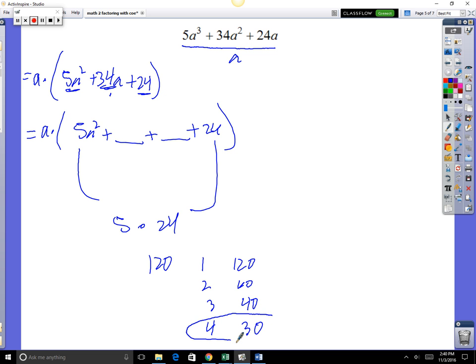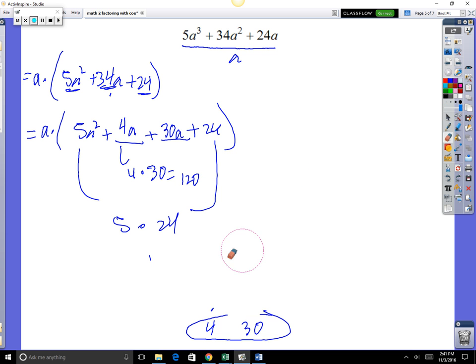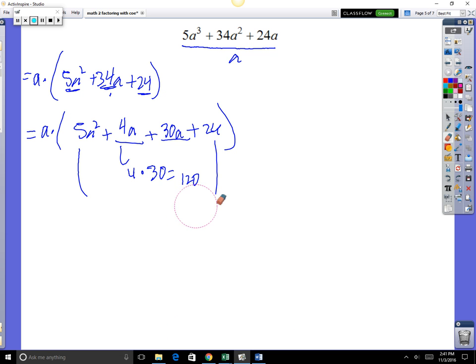Those are the two I want right there, because 4 times 30 gives me 120, and I can make a 34. So the 4a here and the 30a there. It wasn't too bad, I didn't have to go too far. 4 times 30 is also 120, and 4 plus 30 is 34. So those are it. We are in business now.